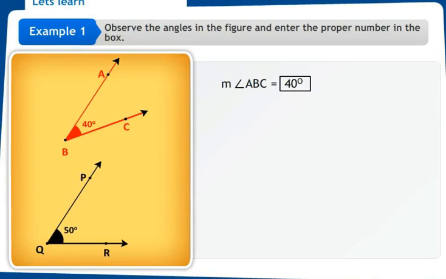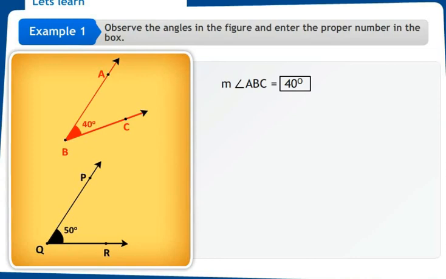Now what you can see on the screen is measure. Small m denotes measure. Don't write capital M, it will create a misconception. Small m, and the sign after m is the sign used for denoting angle.